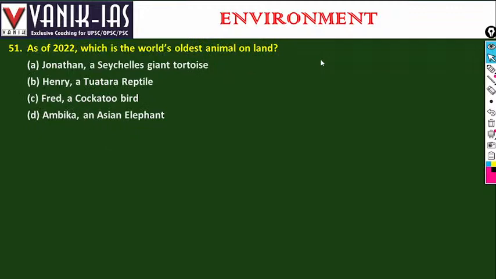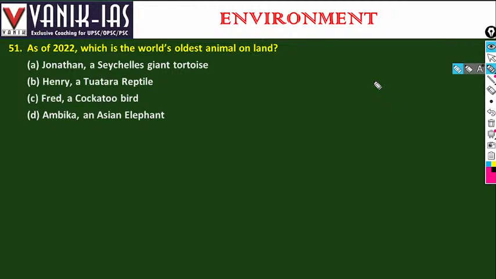As of 2022, which is the world's oldest animal on land? Oldest animal is Jonathan the Seychelles giant tortoise, Henry the Tuatara reptile, Fred the cockatoo bird, Ambika an Asian elephant.